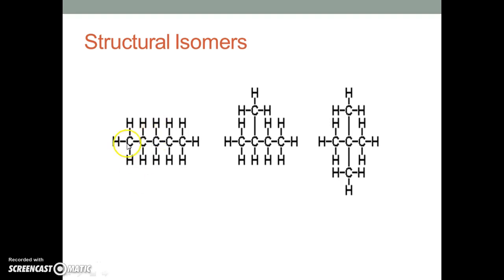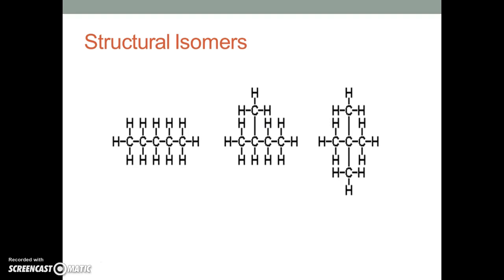So carbon, once again, with the 4 unpaired electrons, it can form bonds in different shapes and in different ways. Instead of having a straight chain of the carbons, we can have a branched one up here. So they can bond in different ways.